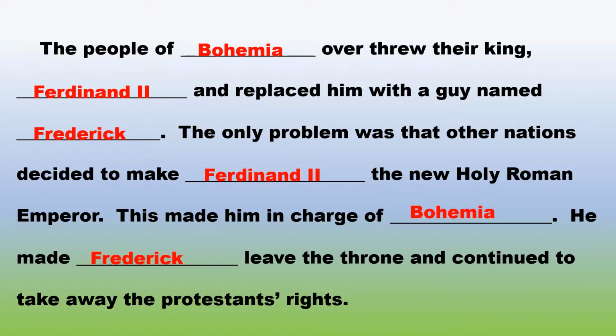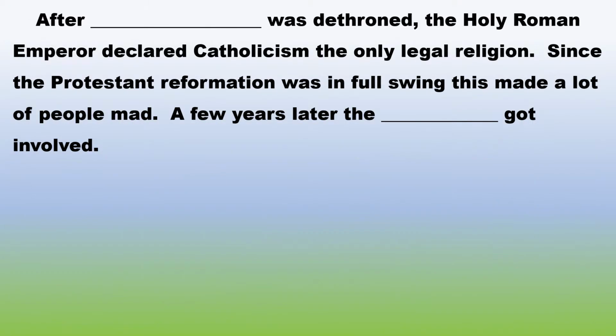So Ferdinand II was pushing for Catholic dominance. After Frederick was dethroned, the Holy Roman Emperor declared the Catholic religion the only legal religion. Since the Protestant Reformation was in full swing, this made a lot of people mad.